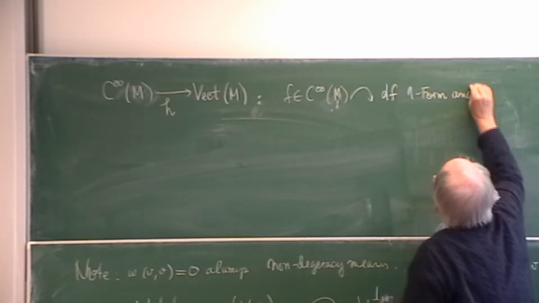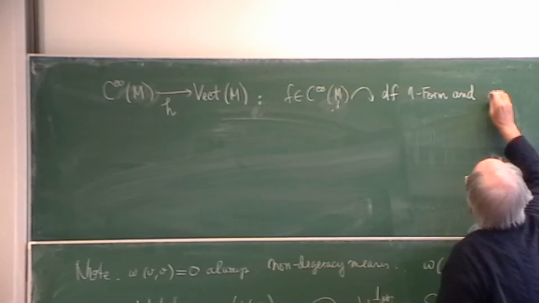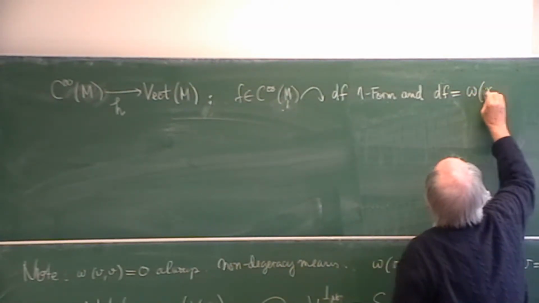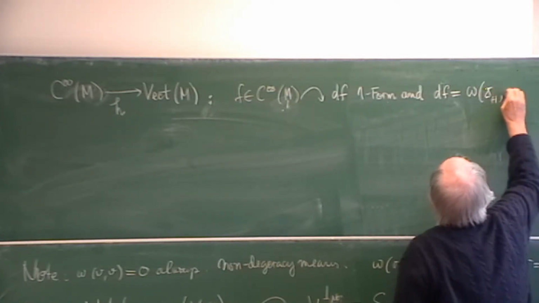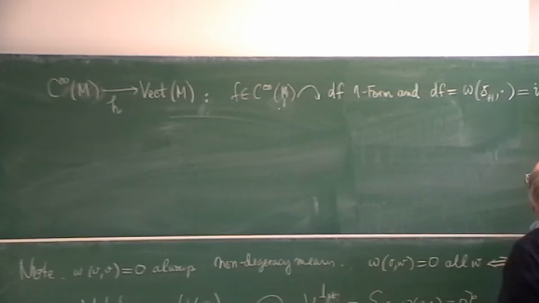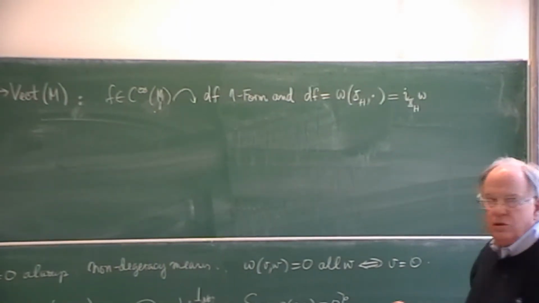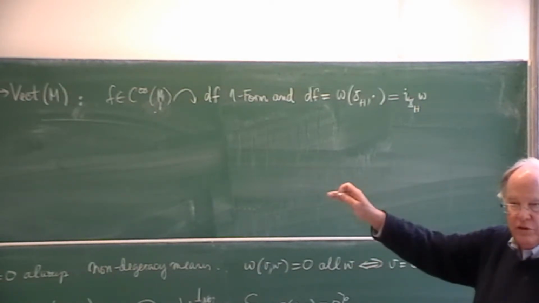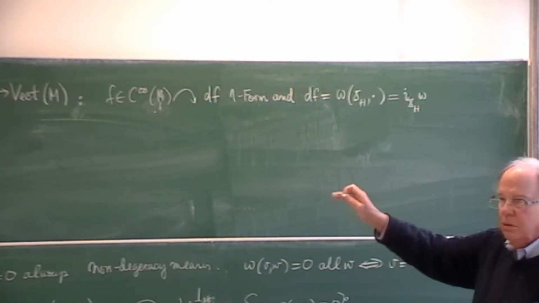And in fact, since this two form is non-degenerate, df equals omega contracted with a vector field. So let's use the notation. Contraction is i of X_f of omega. Make sure you understand that. If you have a form, you can put a vector field in the first entry, right?